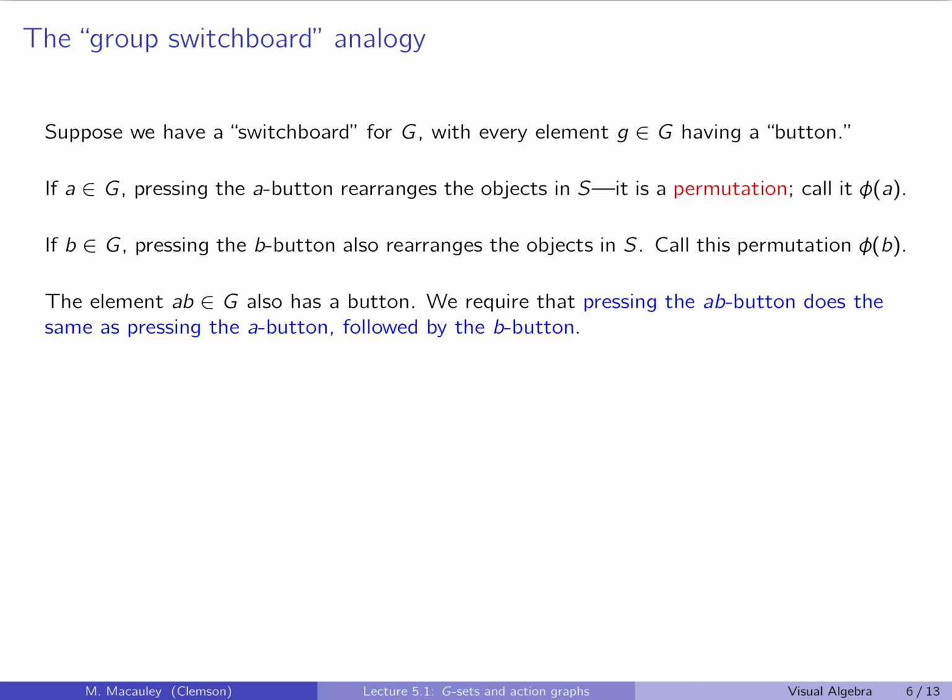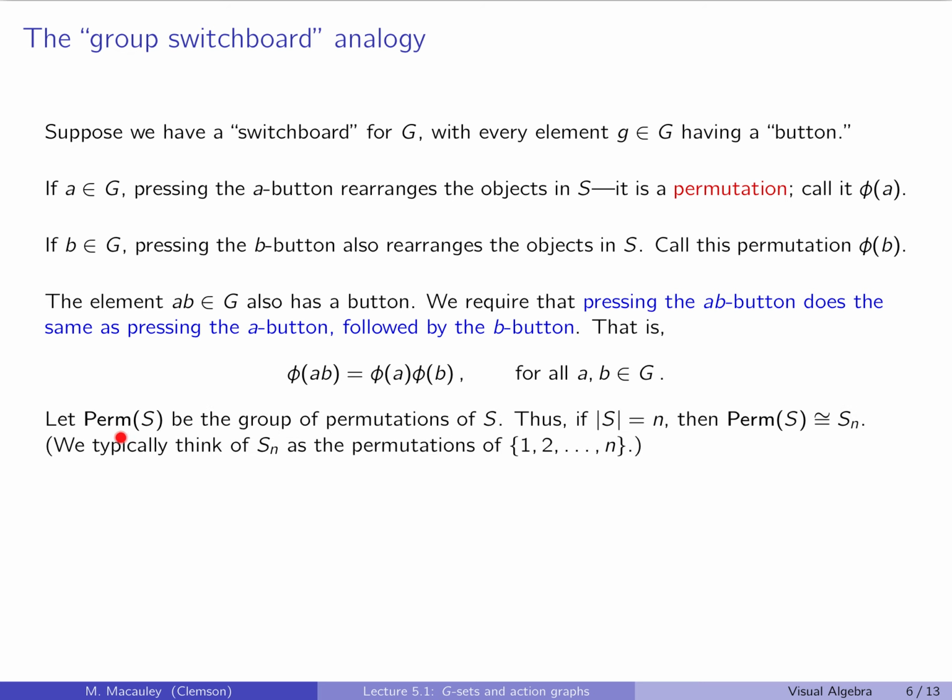Like if A is the red path and B is the blue path, then the AB button means do the A path, the red path, and then the blue path. Formally, this means phi of AB equals phi of A times phi of B for all elements A and B in G. So this is a homomorphism, but between which groups?